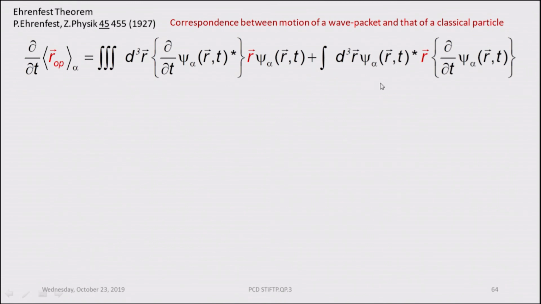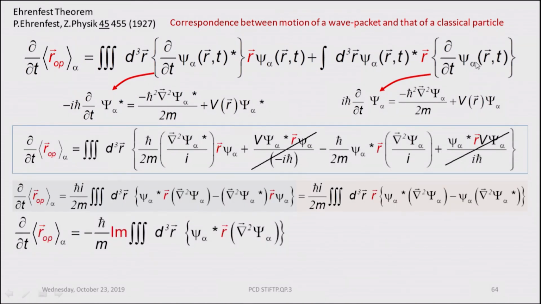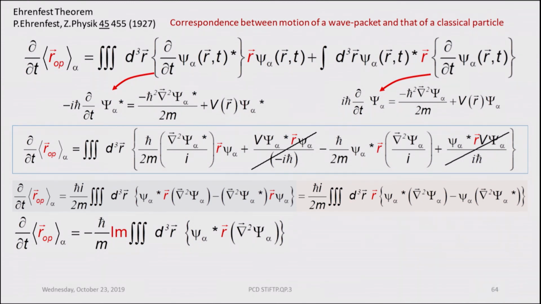This part is the remaining part, and then the time derivative of psi alpha. So, you get these from the Schrodinger equation, put them in, cancel the common parts. The algebra is simple. It takes a click of the mouse to show the result, but it takes a few minutes, and I can pause for you to do that or trust that you will work it out. The choice is yours. All right.